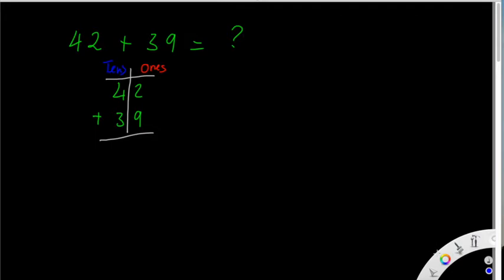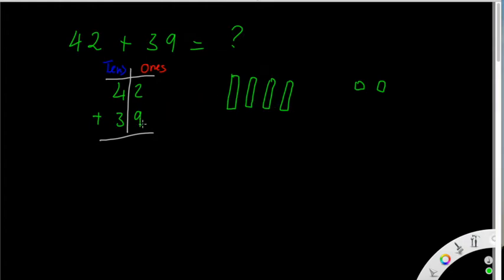Okay, I start on the first row. How many ones do we have here? We have 2 ones. I'm going to draw 1, 2 ones. How many tens do we have on the first row? 4, right? So 4 tens. 1 ten, 2 tens, 3 tens, 4 tens. We're done with the first row. Move to the second row.